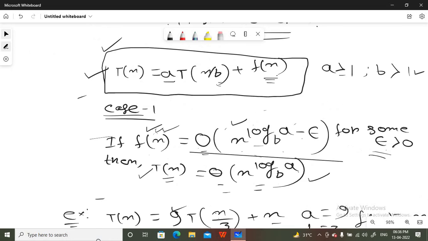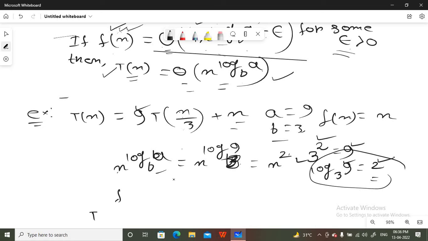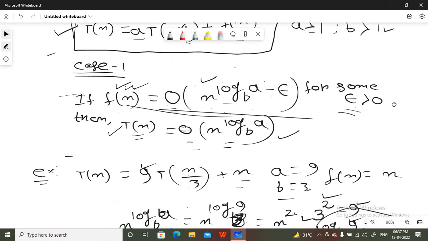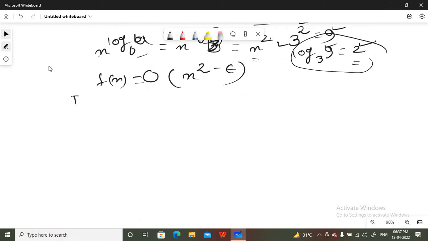Now n square. So what was actually our f of n? It should be order of n square minus epsilon. We can very easily write it. Now what about the epsilon? We have already seen that epsilon should be greater than 0.